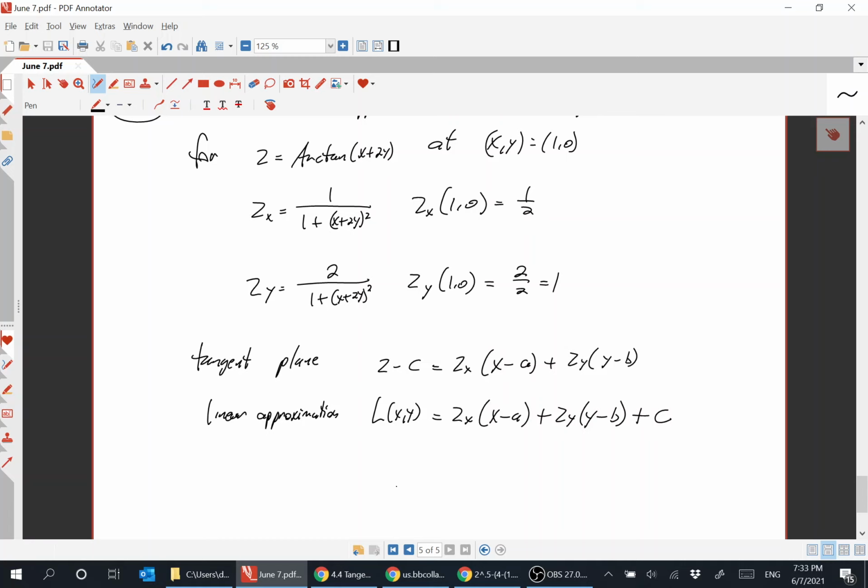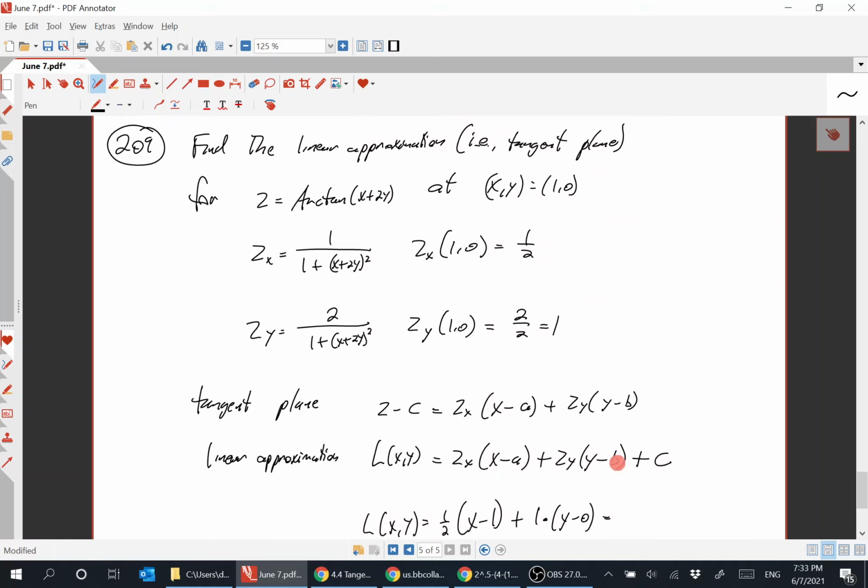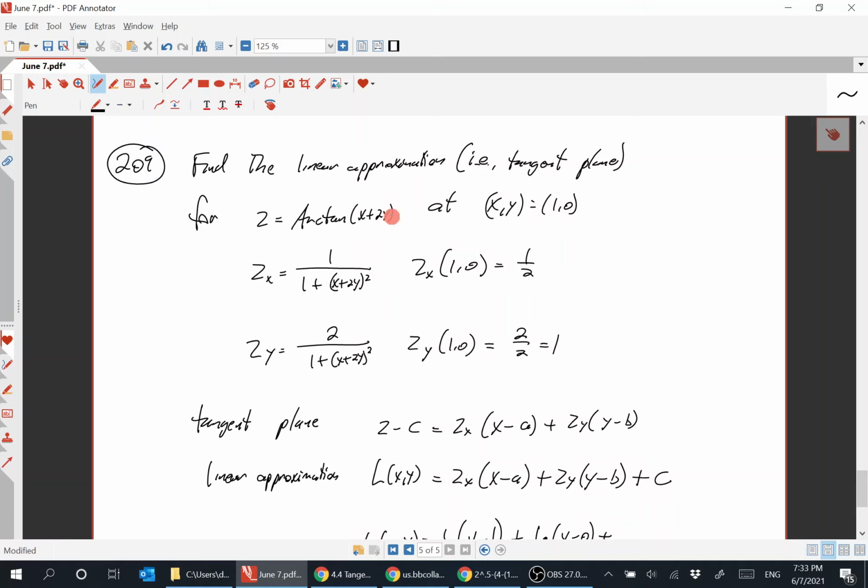So whatever, in this case, we've got L(x,y) is equal to zx, which is a half, times x minus 1, plus 1 times y minus 0, plus c. What is c? It's arctangent of (1, 0).